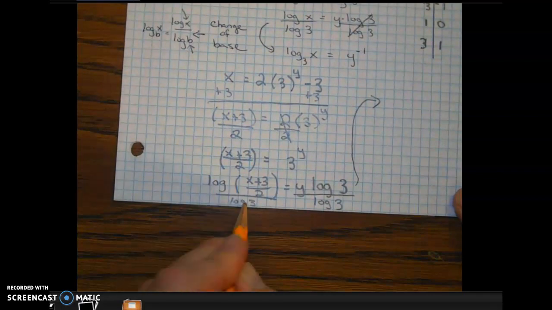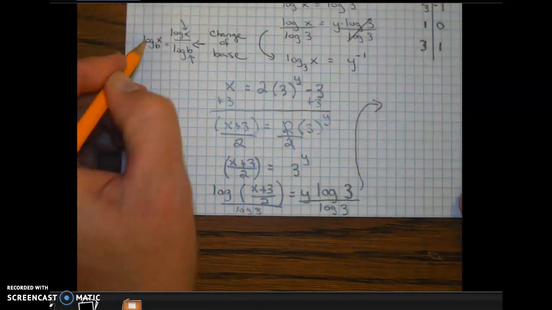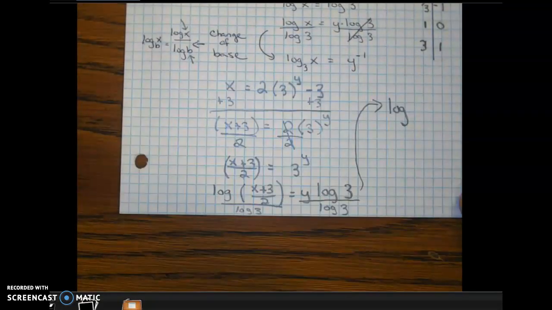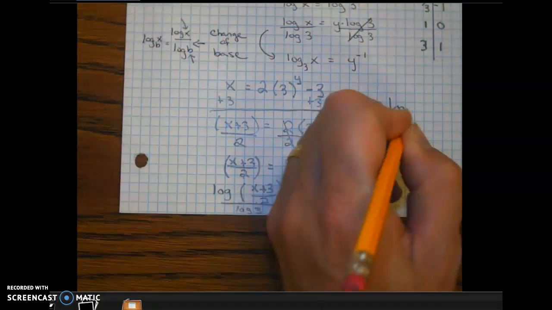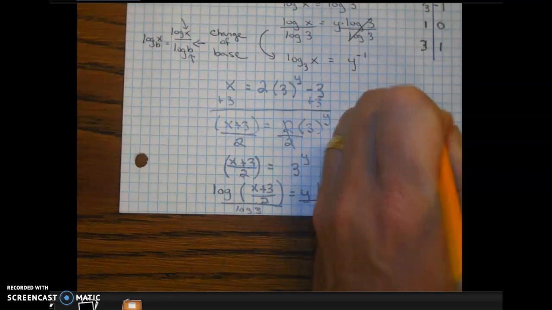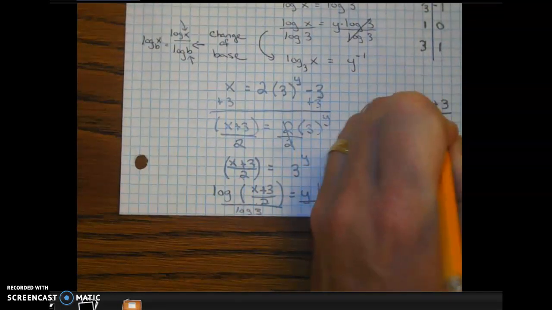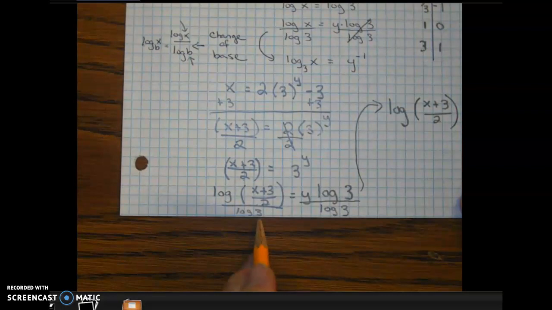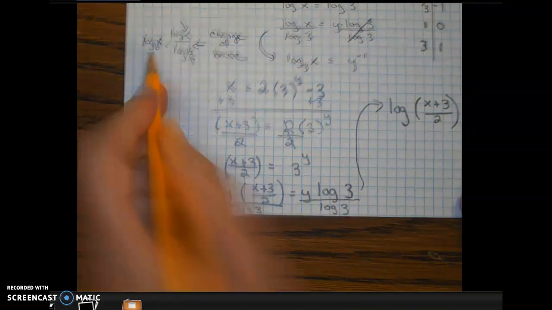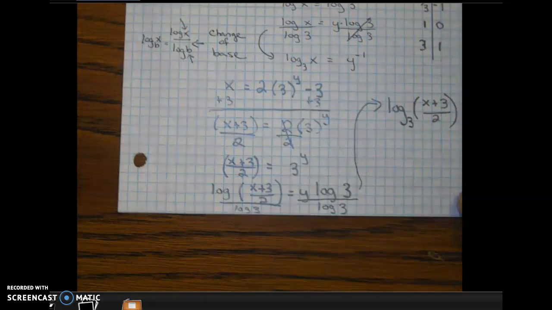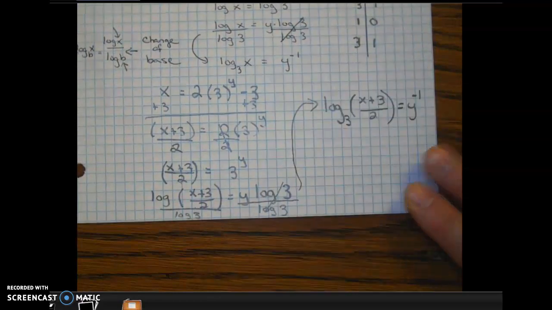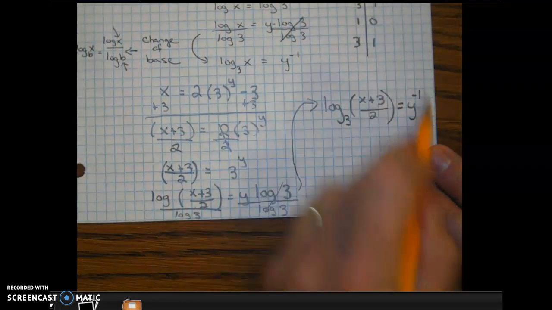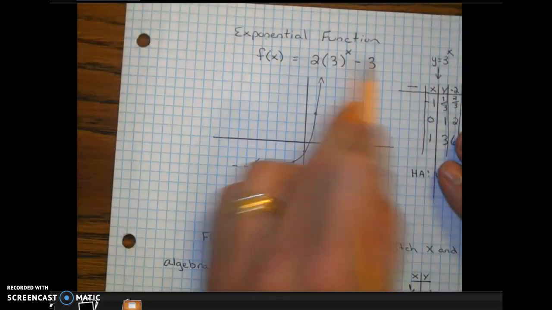So we're going to go from 2 logs down to 1. The numerator argument is going to be the argument for our new log, and the argument in the denominator is going to become our base. And that is going to be our inverse function for the exponential function.